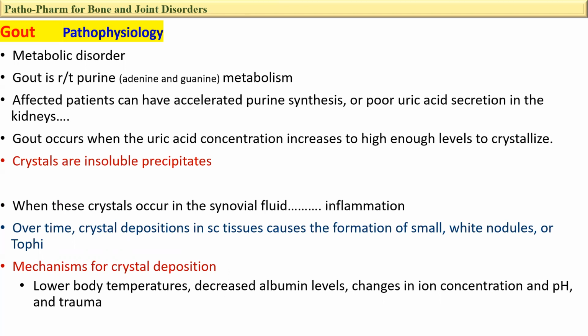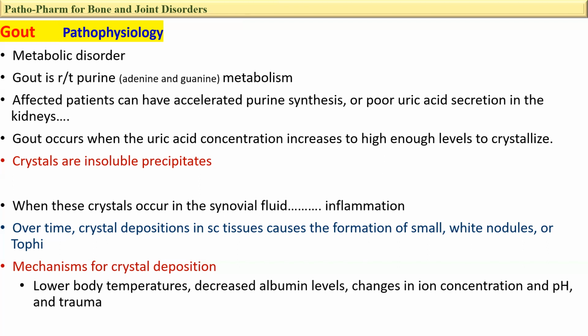It's related to purine metabolism. Patients with gout have an accelerated process of synthesizing purine, or they have a problem with poor uric acid secretion in the kidneys.